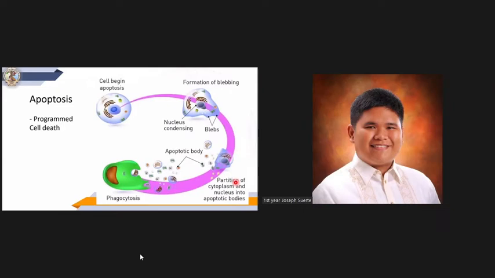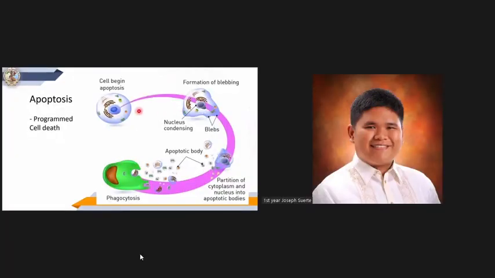So before we proceed, we will tackle apoptosis or our programmed cell death. When the cell suffers damage, whether externally or internally, or if the body decides that this group of cells is not useful anymore, the body induces an ordered sequence of cellular destruction.